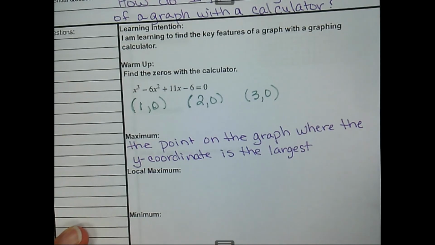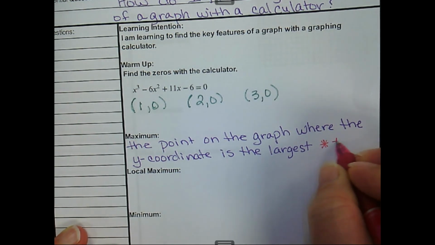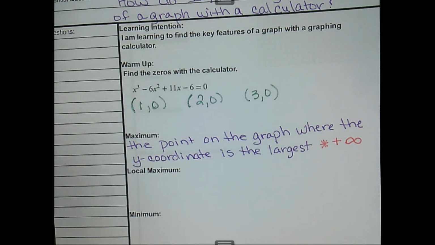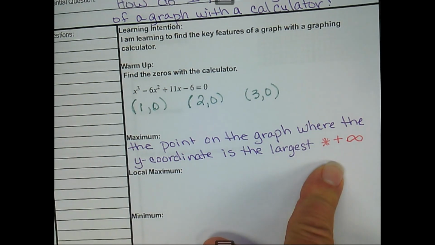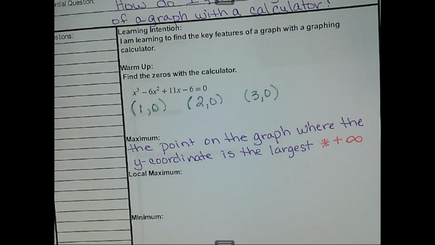So we can always have a positive infinity as a maximum. It can also have a point depending on what kind of a graph you're looking at. So the point on the graph where the y-coordinate's the largest is your maximum. A local maximum is simply a point where the slope of the graph changes from positive to negative.